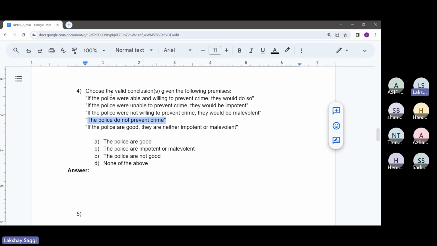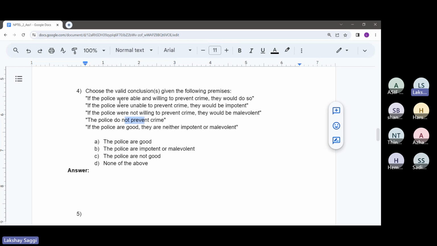Basically what happens is the police do not prevent crime.